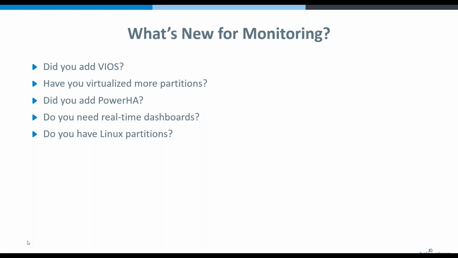Along with high availability, we talk about PowerHA. You might be moving into that technology, and that includes independent ASP technology. That is yet another data point that you need to monitor to make sure that your environment is healthy. Dashboards, of course, are terribly popular. We like to have something to look at.